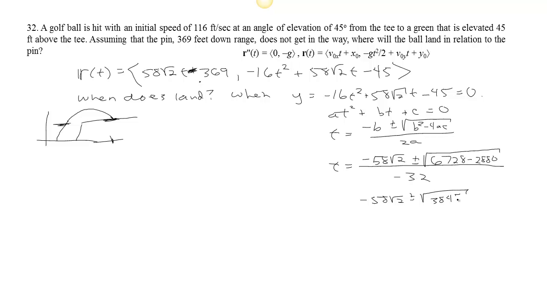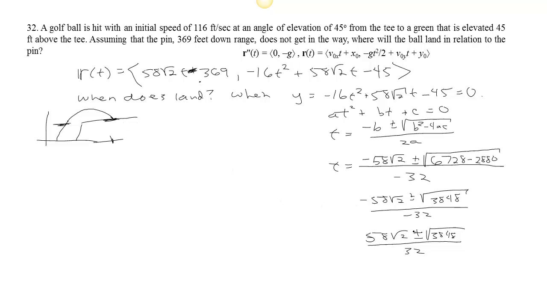So we have negative 58 root 2 plus or minus the square root of positive 3848 all over negative 32. If I multiply top and bottom by a negative, that might help. So we have positive 58 root 2 plus or minus the square root of 3848 all over positive 32. That's nice because now I can see which of these is the one that's bigger, right?